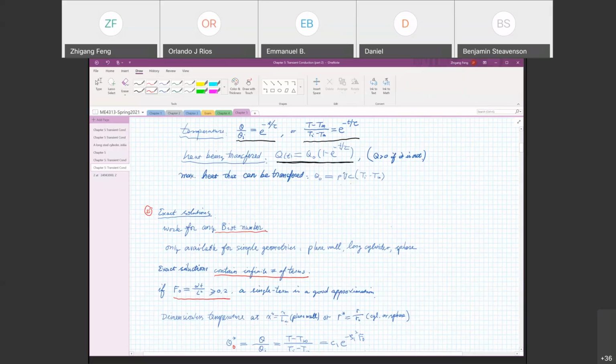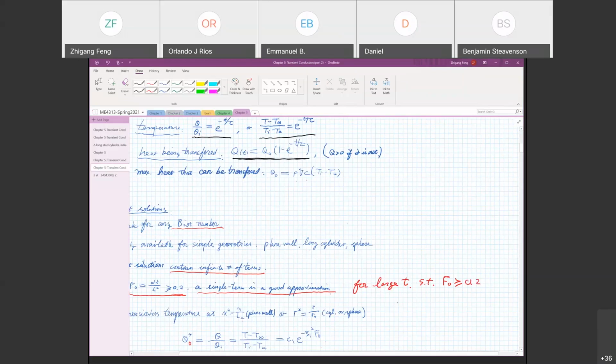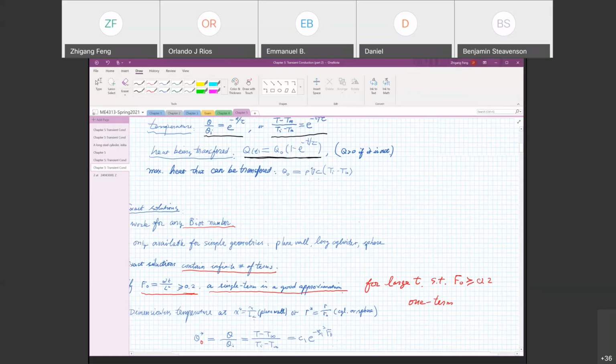So if the Fourier number is greater than 0.2, then we can just determine one term, and we call that the one-term exact solution. So for the one-term exact solution, t cannot be small, it's for larger t, such that the Fourier number is no less than 0.2. So we can use the one-term solution. Okay. So that's one limitation.